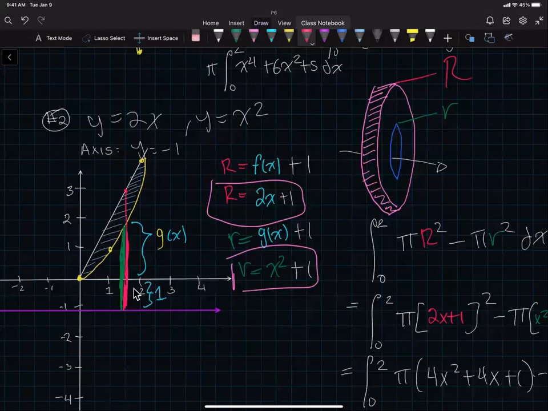So the red one that I'm using, that's my capital R. And that one's touching my 2x. Remember, this is my 2x. And then the one in the bottom is my x squared. Any other questions?